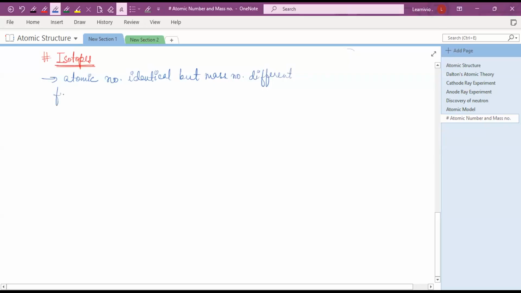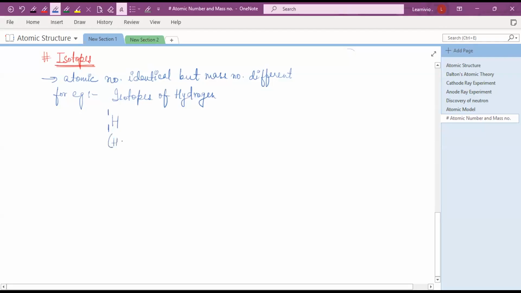Right. For example, isotopes of hydrogen. For example, this is H with mass 1 and atomic number 1.